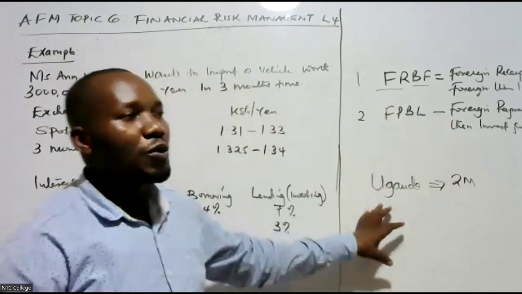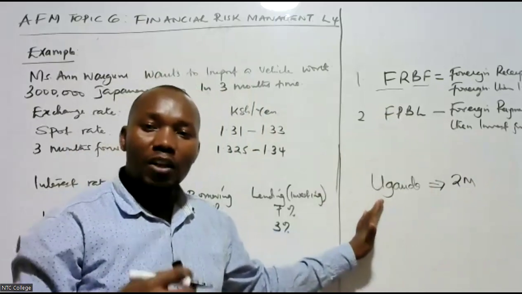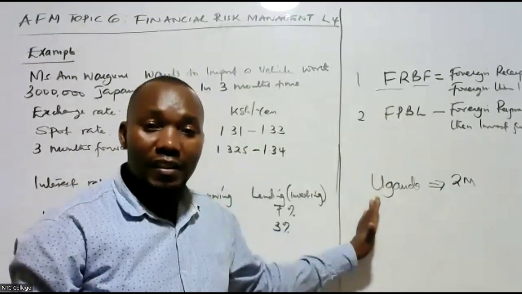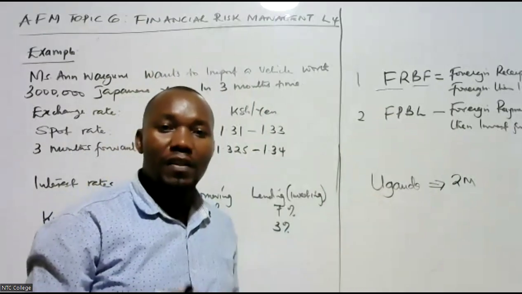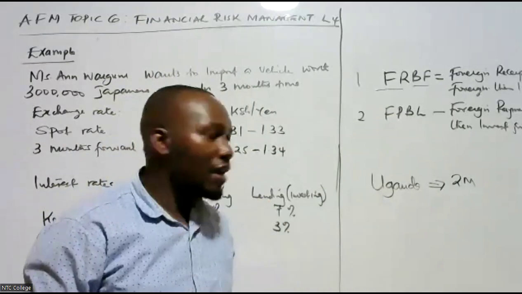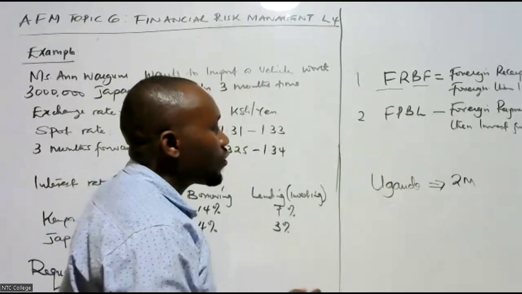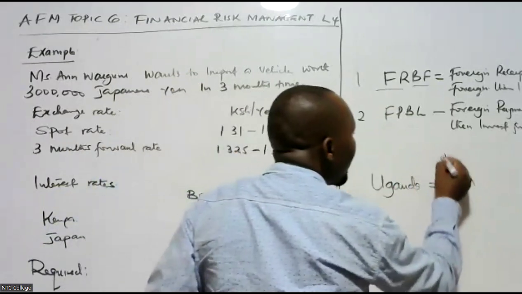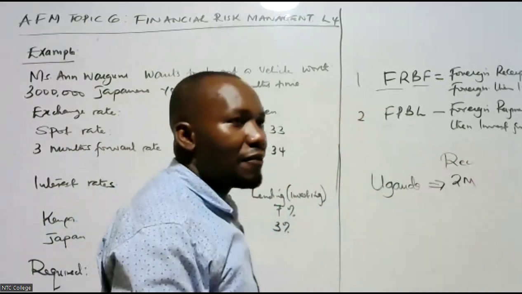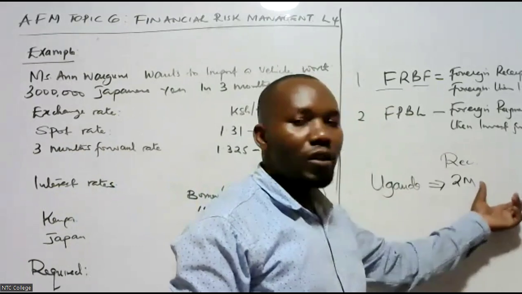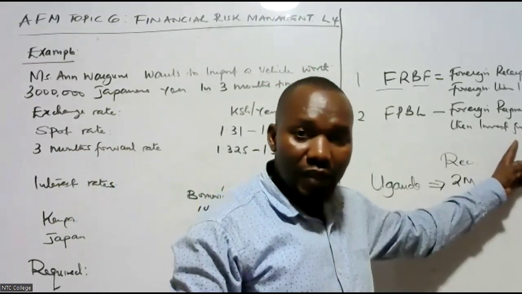You remember what we learned when we were looking at non-contractual hedging techniques, and one of them was matching. We say that you match the payables and the receipts. So you make sure that if you're supposed to receive 2 million in 3 months' time, you have something like a loan that you can pay in 3 months' time.